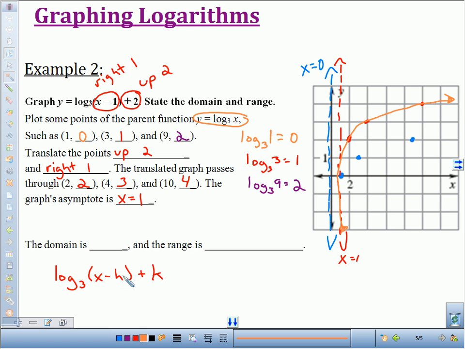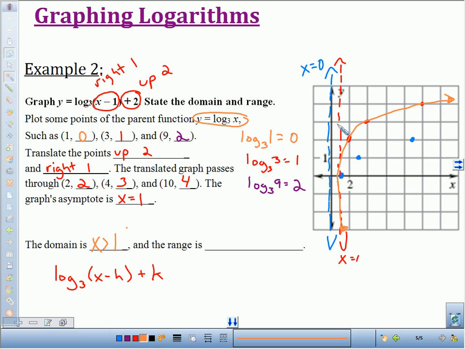Now the domain is x is greater than 1. Not by much, but it's better. The reason why x is greater than 1 is because my asymptote translated 1 to the right.